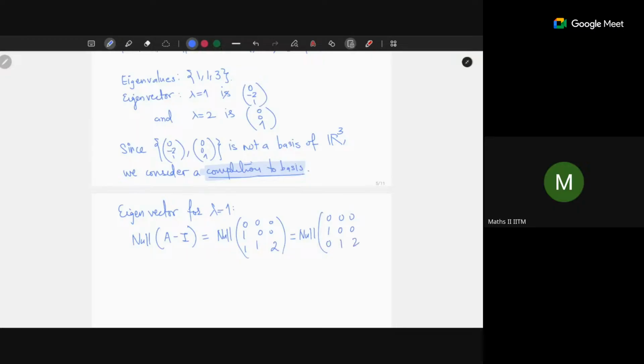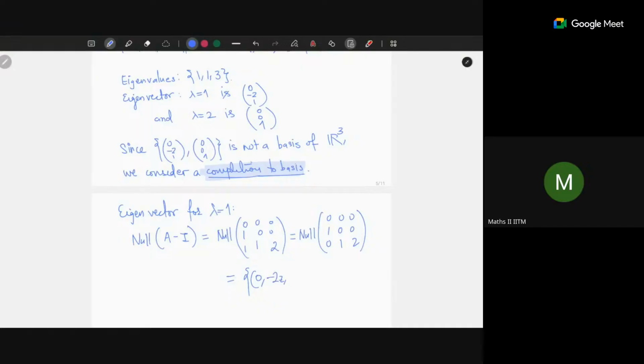Now, can you tell me what the null space is? X equal to 0. That means 0 in the first coordinate, then minus 2, 1. There is one independent vector. So you take z to be independent, and then you can write y in terms of z.